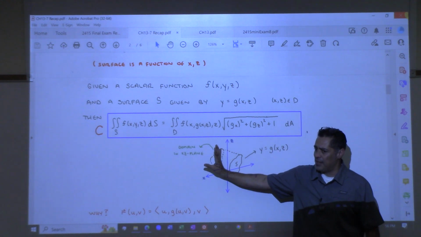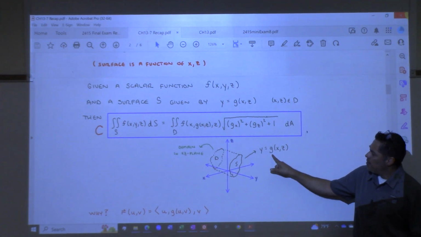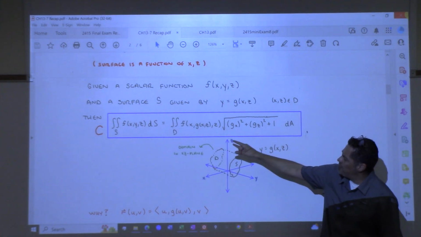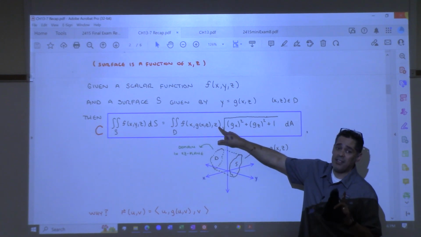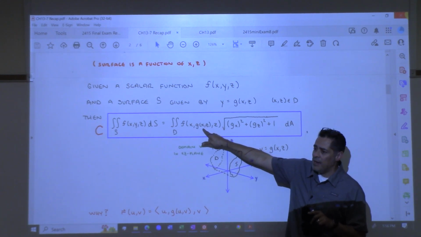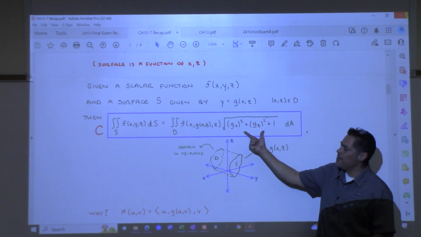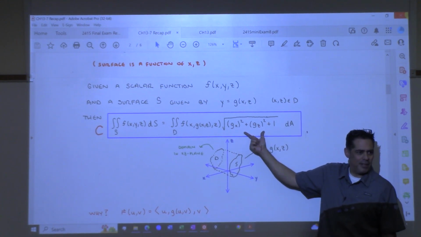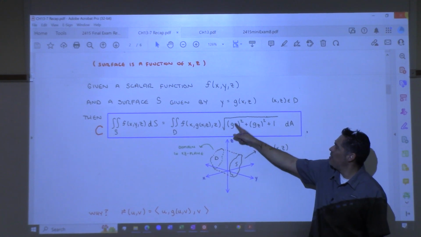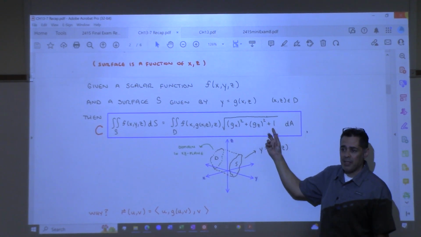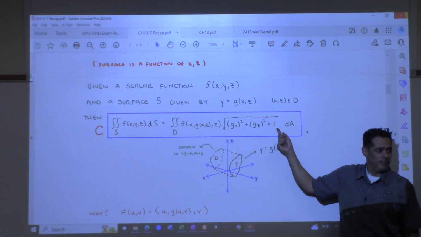Your domain lives in the xz plane. Then what changes in the integral is that your x stays x, your z stays z, and your y changes to whatever function it is. And then in here, this is almost the same thing. You're just taking the partial with respect to x, the partial with respect to z, squaring those, adding them together, and you'll always have a plus 1.